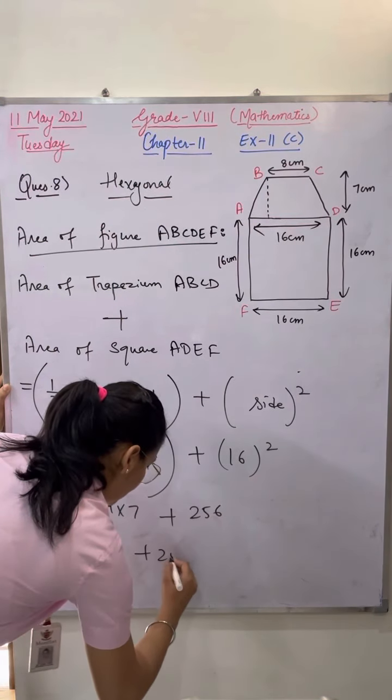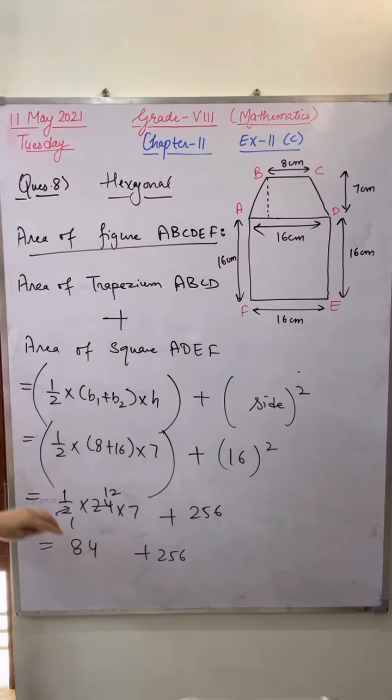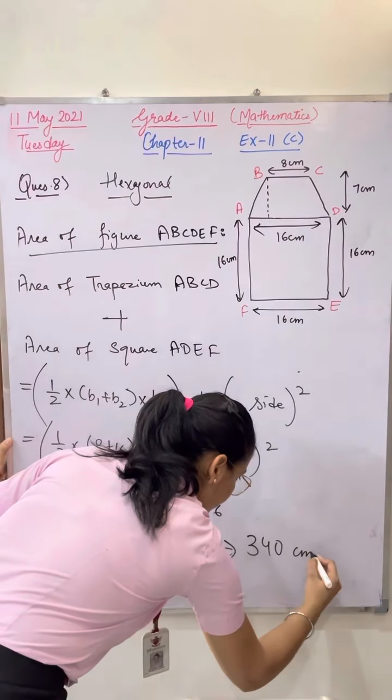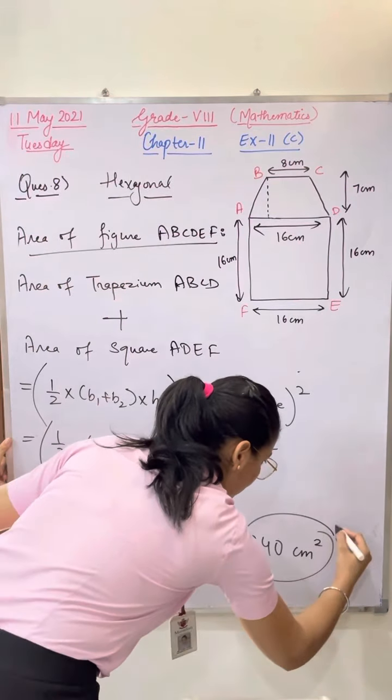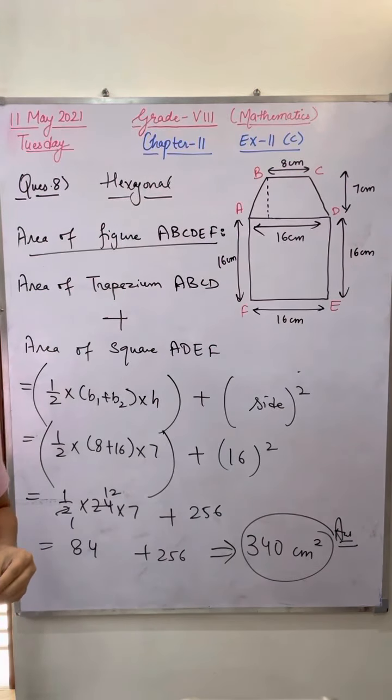Now add both. 84 plus 256 is equal to 340 centimeter square, because the area will always come in centimeter square. This is your answer.